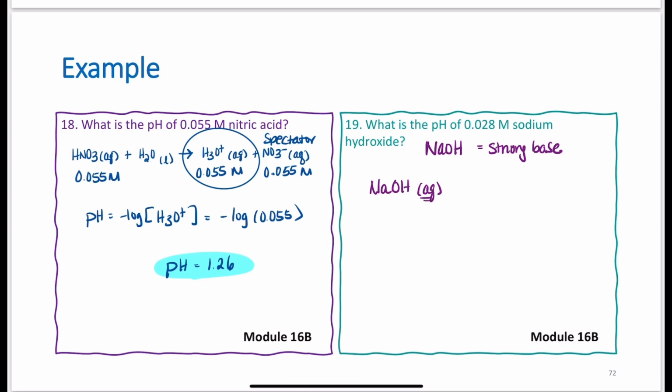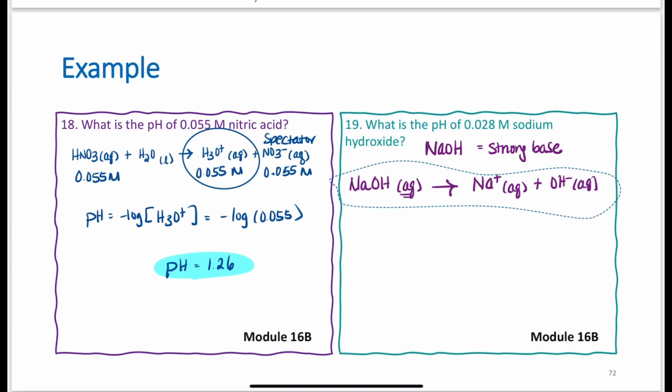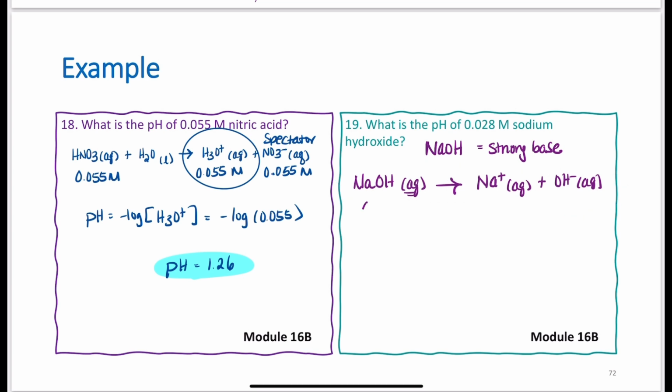We're emphasizing the water by putting aqueous here. NaOH splits up into Na plus ions and OH minus ions. If I have 0.028 molar here, that means I have 0.028 molar here, but this is a spectator.